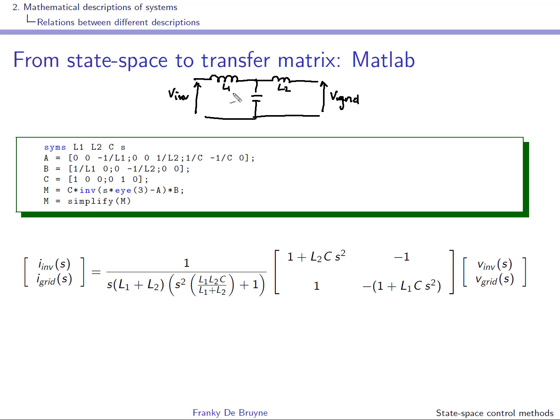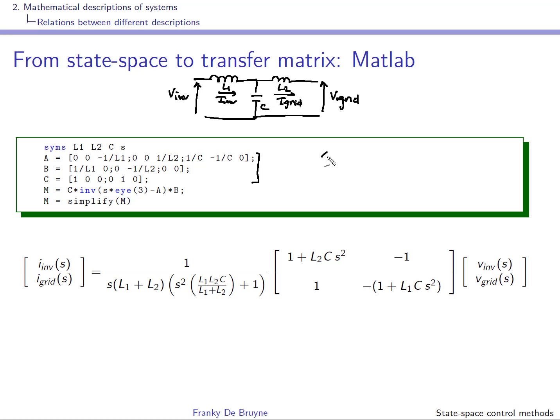This current here is E-inf, and the current here is E-grid, right? And the capacitor is C over here. We have done an exercise where we have found the matrices A, B, and C. C here is [1, 0, 0; 0, 1, 0].